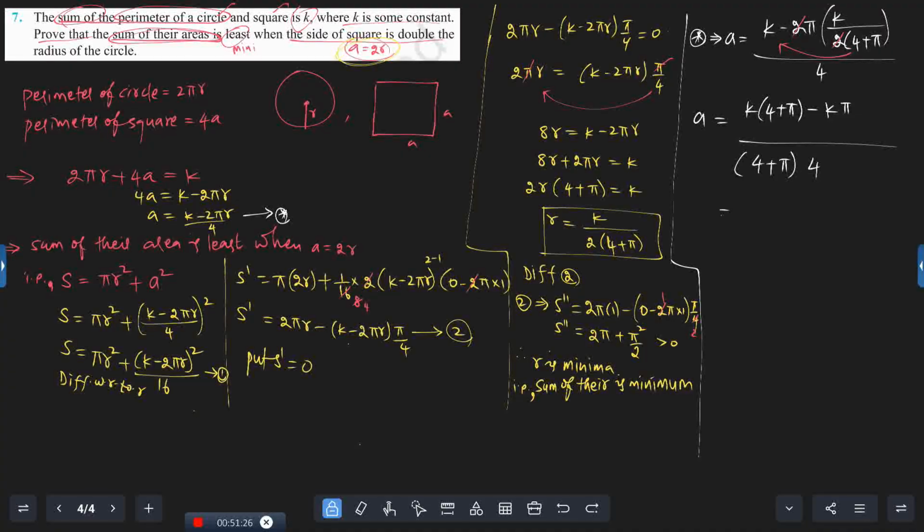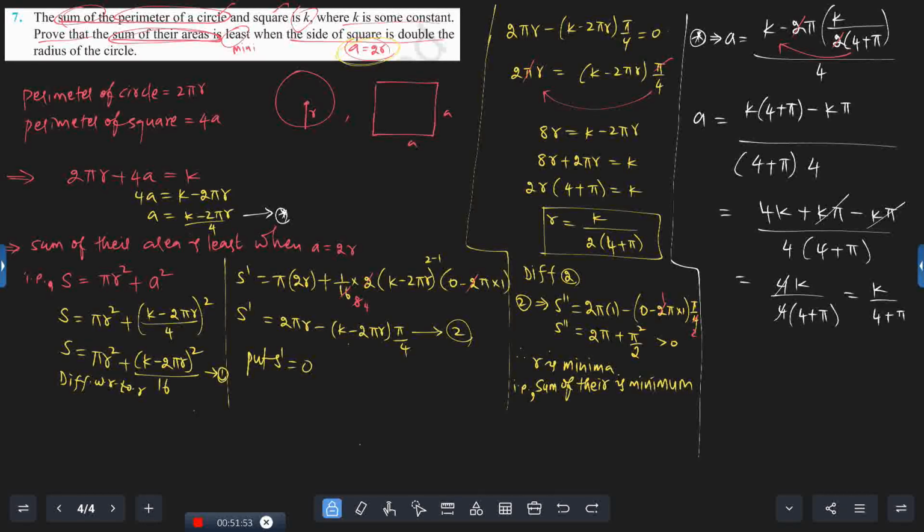Now take the K inside: 4K plus K pi minus K pi divided by 4 into 4 plus pi. This will be cancelled. So I am getting 4K divided by 4 into 4 plus pi, 4 cancels, and K divided by 4 plus pi is coming.